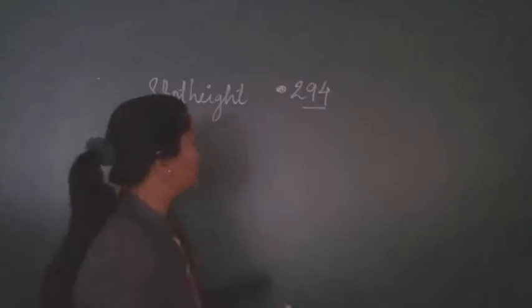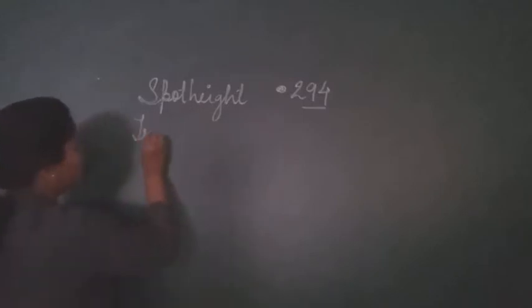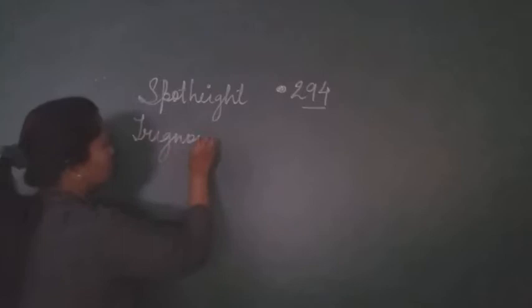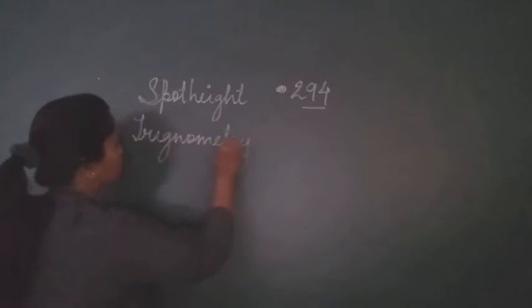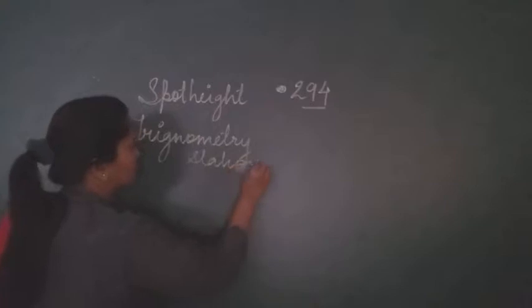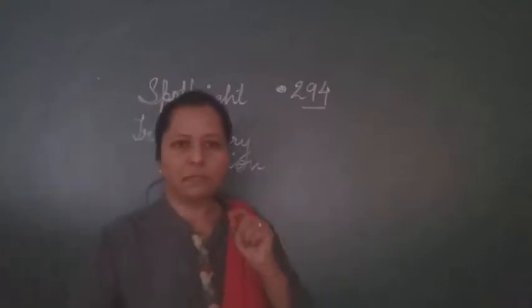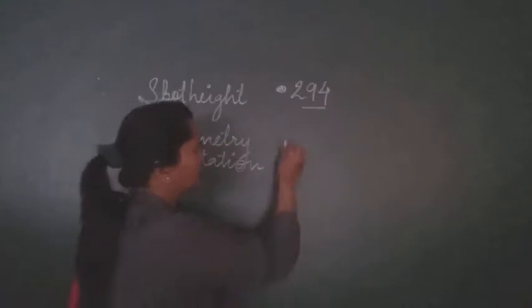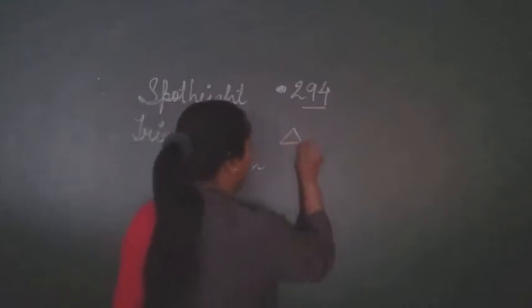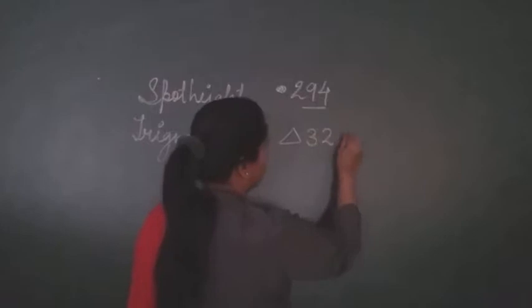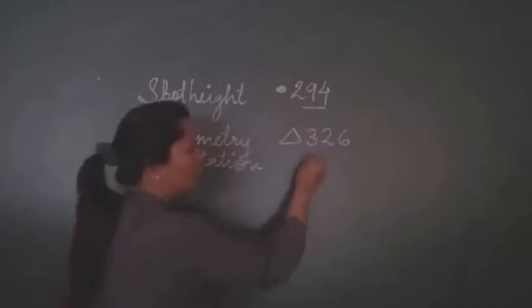Now the second method is called the trigonometry station. On your topographic map, the symbol is a triangle, for example a triangle and 326.